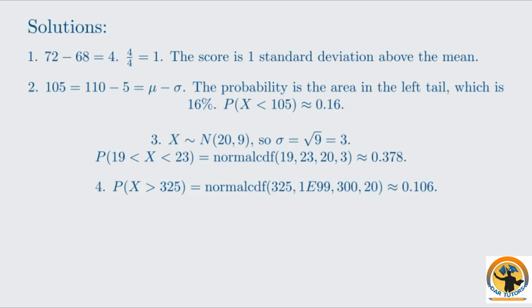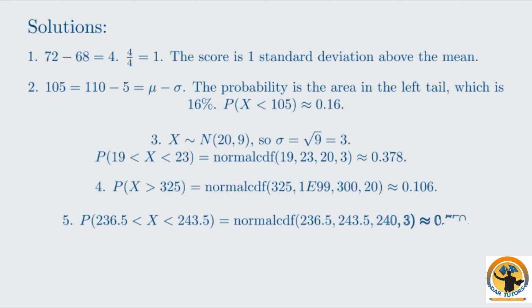Use a lower bound of 325 and an upper bound of 1E99. The result is about 0.106. Finally, for question 5, we use the calculator again with a lower bound of 236.5, upper of 243.5, mean of 240, and standard deviation of 3. This gives a result of approximately 0.770.